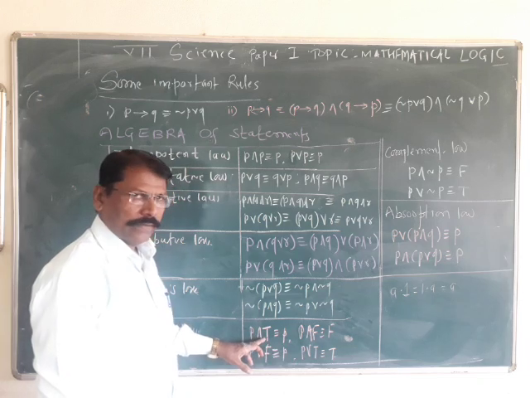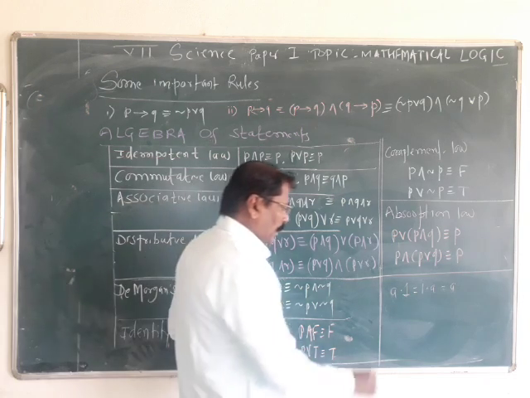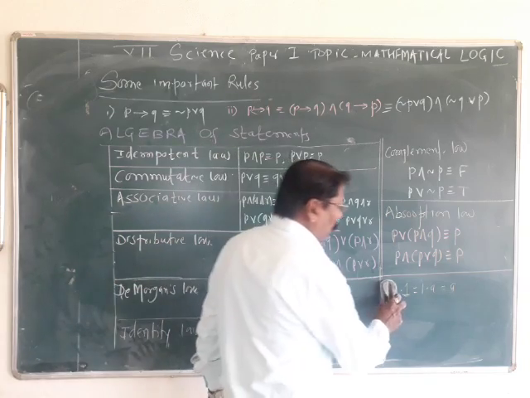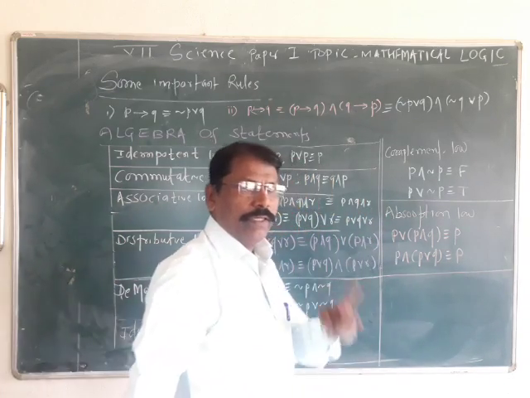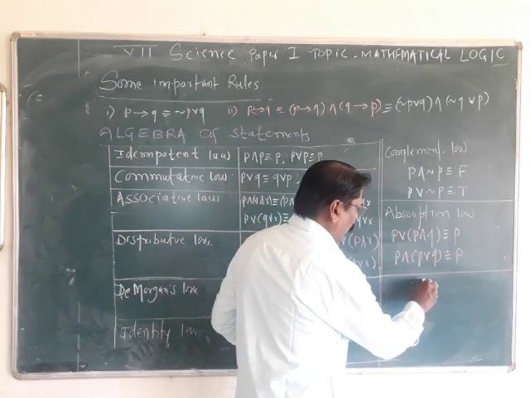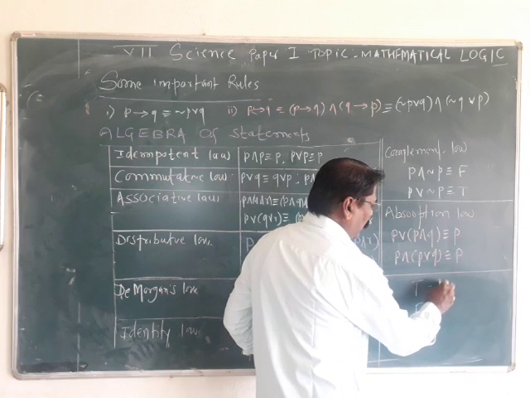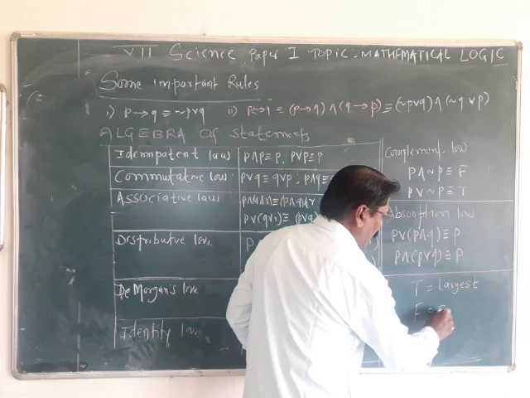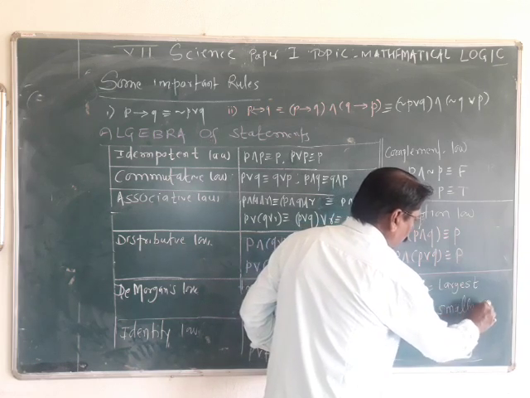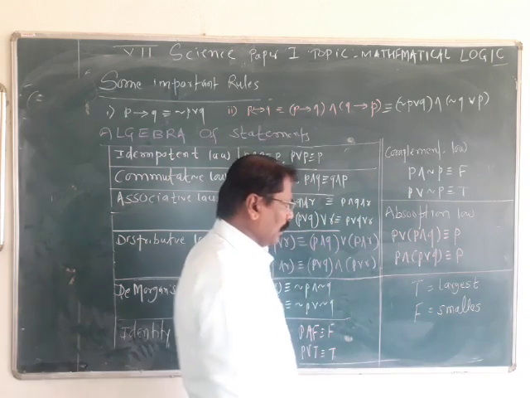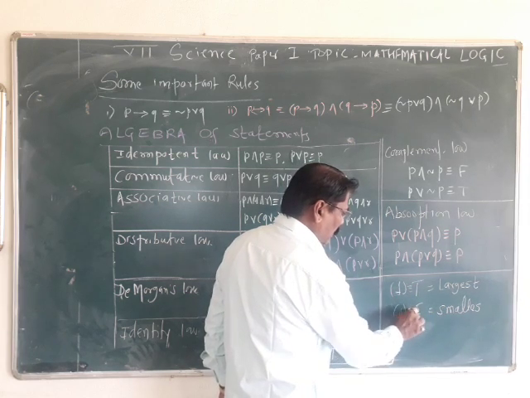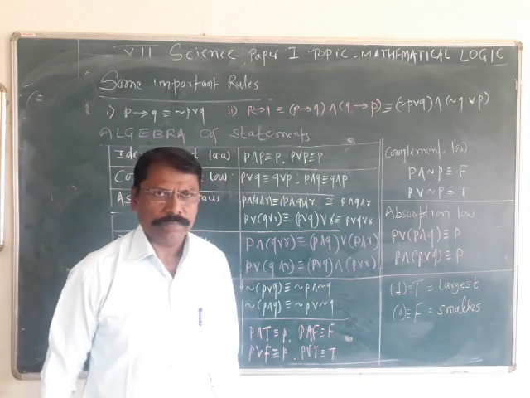So P and T. Now listen, as I told you, in logic these are the only binary number system. There are only two options, T and F. So T is the largest and F is the smallest. T is nothing but 1 and F is nothing but 0 in the binary number system.